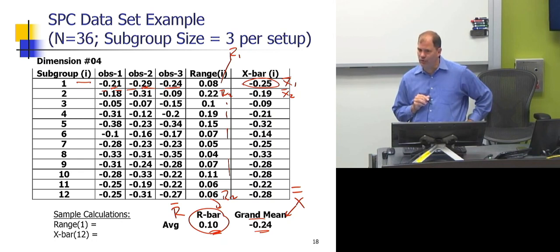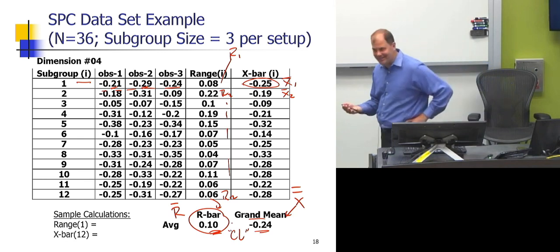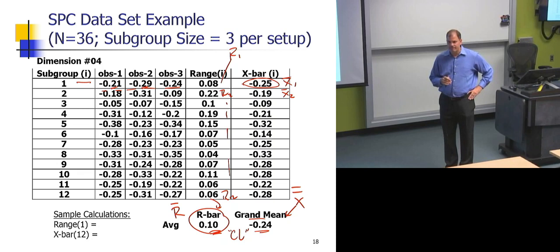On a generic control chart, those are going to be center lines or control limits. Center lines. This is the central tendency of my statistic. Ranges are going to have a central tendency to R bar. Means have a central tendency to X double bar.